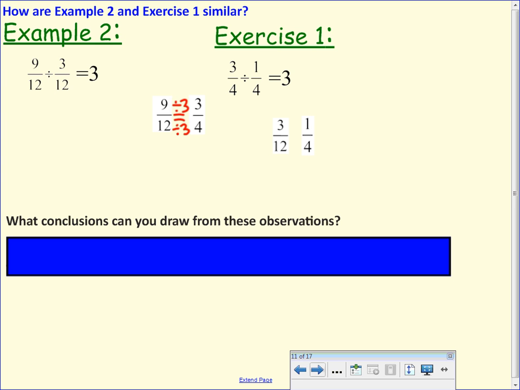Our divisors are also equal. They were both scaled down by 3. So if we scaled this down by 3, and we scaled our divisor down by 3, because they were both scaled down by the same amount, our quotient was the same.